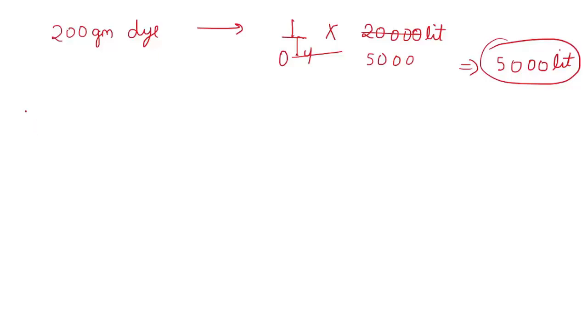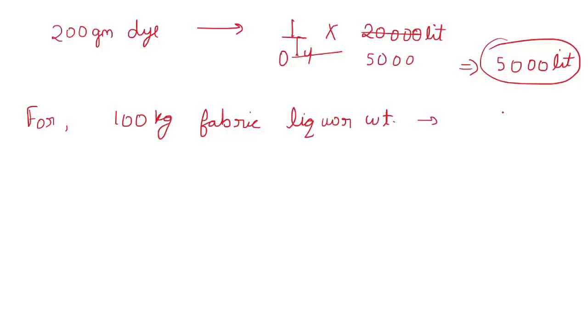So for 100 kg fabric, the liquor weight is 5,000 liters. But the M/L ratio is 1:x. So M/L ratio 1:x means material to liquor ratio.